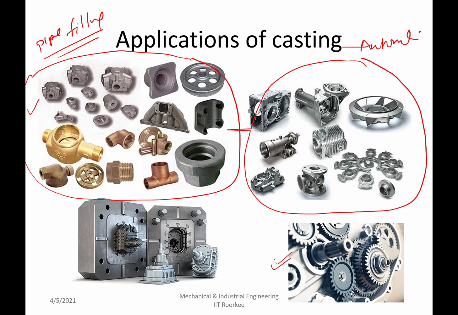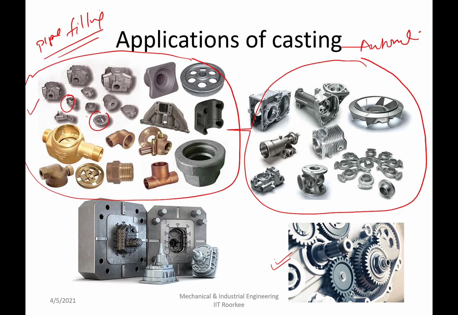If you want to know more about the applications of casting, casting can be used for manufacturing products from very small size like this to very large size gears, from a few grams to a few tons also.